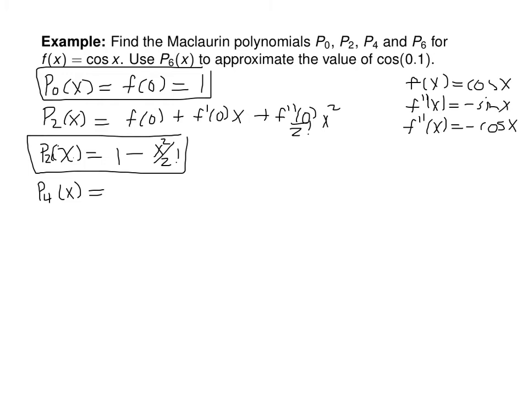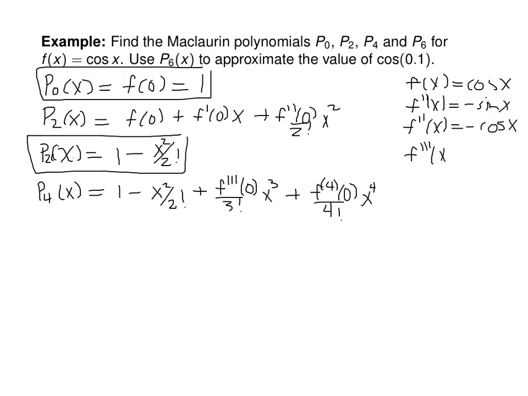So we can just take the part we did in P2, 1 minus x squared over 2 factorial, and add on the third derivative at 0 over 3 factorial times x to the third, plus the fourth derivative at 0 over 4 factorial multiplied by x to the fourth. So my third derivative will be negative sine, and the fourth derivative will put me back at cosine.